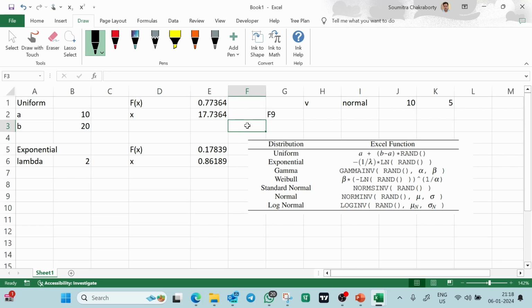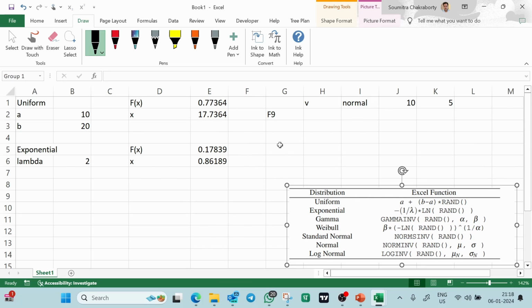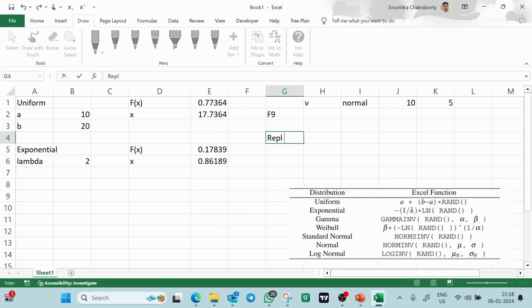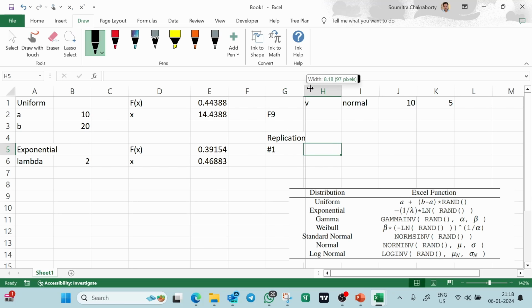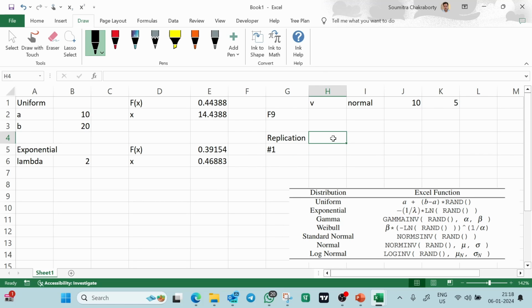Now note very carefully, I have not taken the same random number that I have taken here. In simulation also, this is very important. Please listen carefully. Suppose in some replication, I have told this already, but again I am repeating this for clarity.